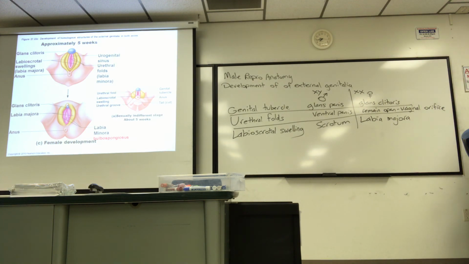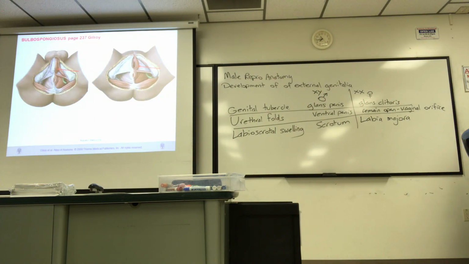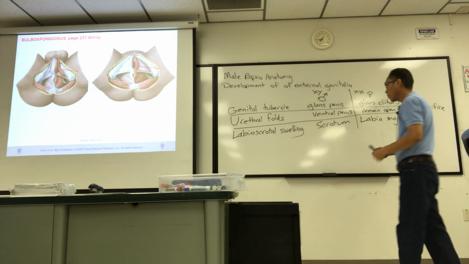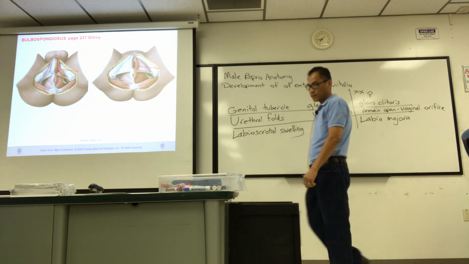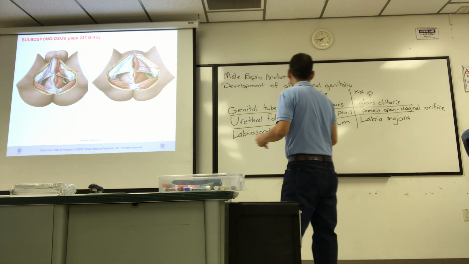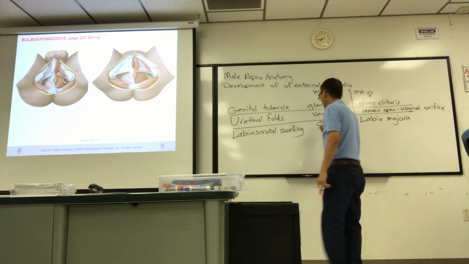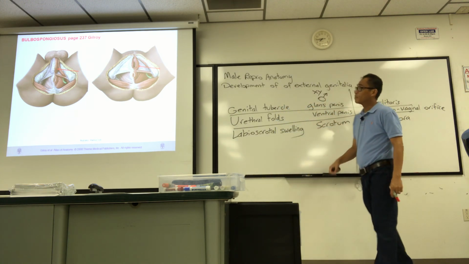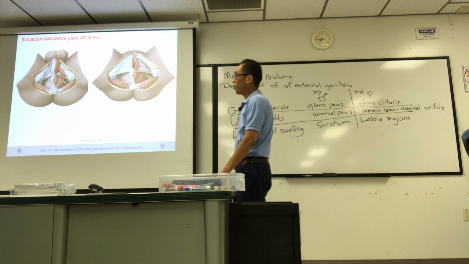So it's a simple couple of figures to get you to see that there are sex differences between the two biological sexes. And so one slide shows the adult structures. And that's what we're going to study today, but just for the male. But just to show you one contrast, know the bulbospongiosus muscle, because in males, that muscle, as you can see, the red arrow is pointing to it.